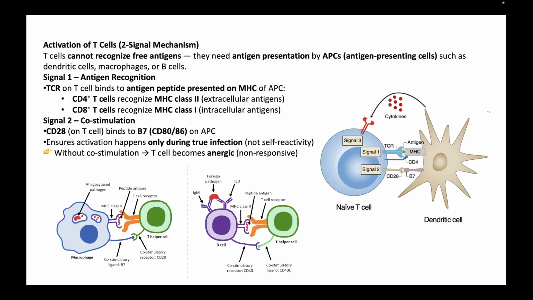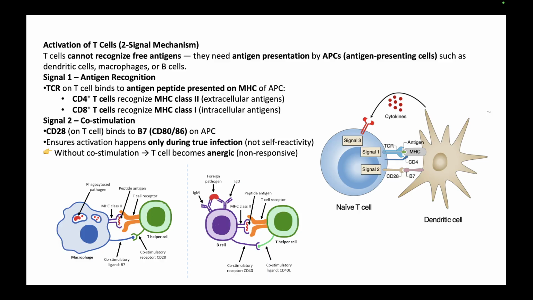For T cells, in order to activate, there is a 2 or 3 signal mechanism. T cells cannot recognize free antigens. Any antigen which is free in the surroundings, they cannot recognize.